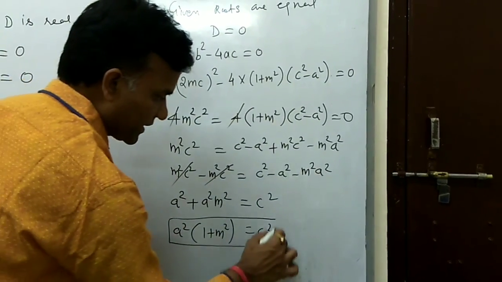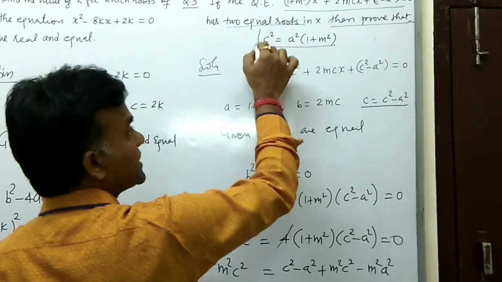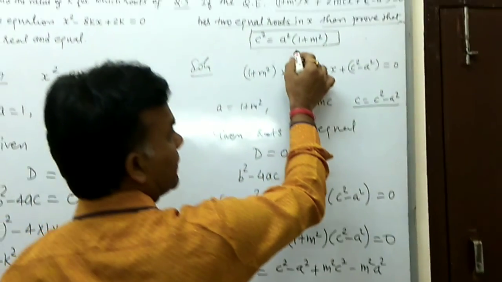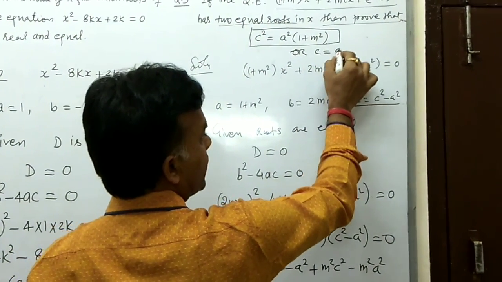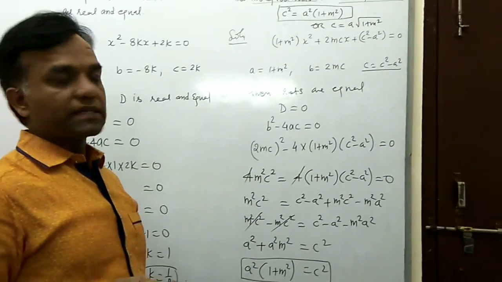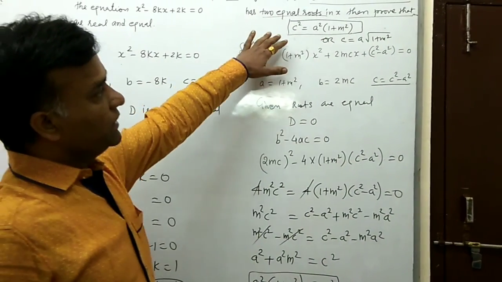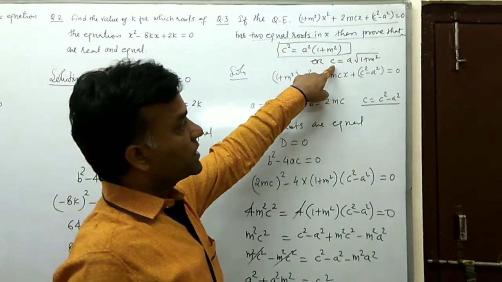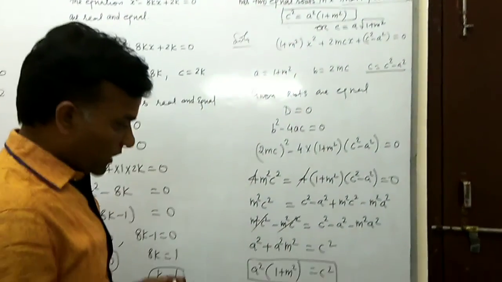So the basic requirement is c square equal to a square into (1 plus m square). This question may be asked in the form of c equal to a under root of (1 plus m square). So there are two ways of asking this question: c square equal to a square into (1 plus m square), or c equal to a under root of (1 plus m square).